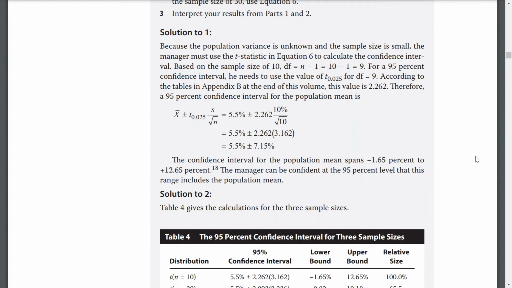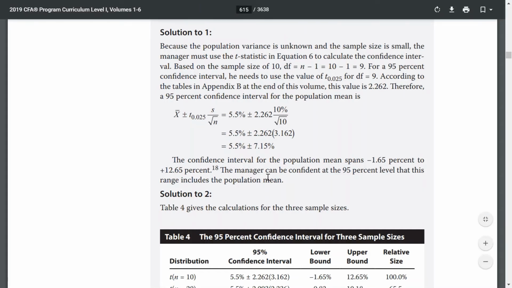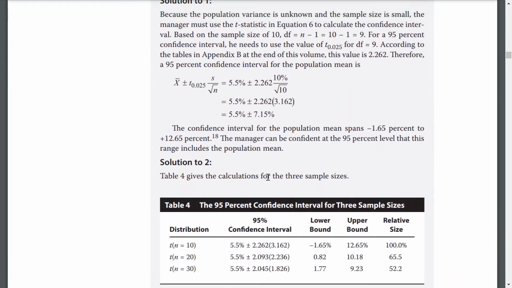Therefore, a 95% confidence interval for the population mean is computed around this. The confidence interval for the population mean spans negative 1.65% to positive 12.65%. The manager can be confident at the 95% level that this range includes the population mean.